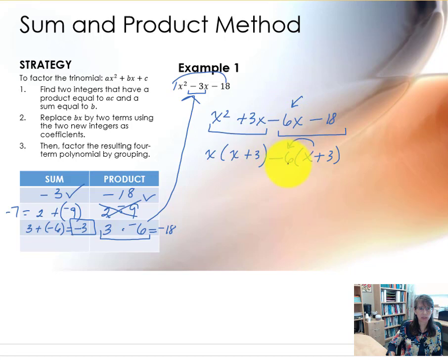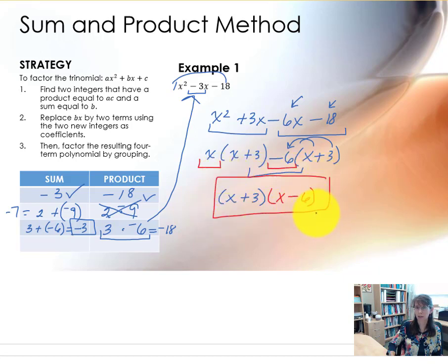It looks like negative 6 is needed. Is 3 times negative 6 a match for minus 18? It is. So our final factoring would be that common factor of x plus 3 multiplied by that other factor formed when I join x and negative 6. So x minus 6. Here is our factored answer.